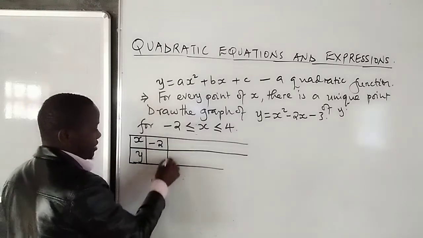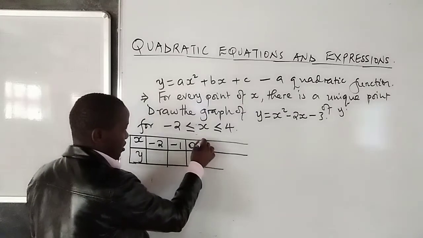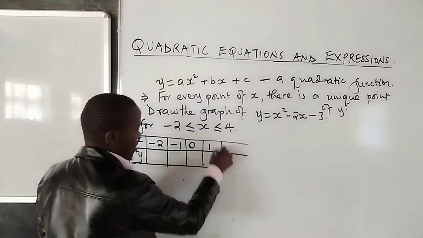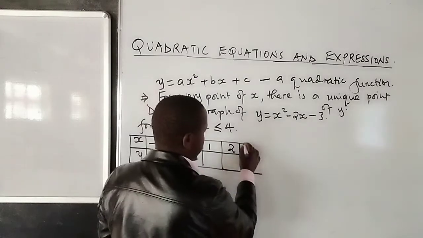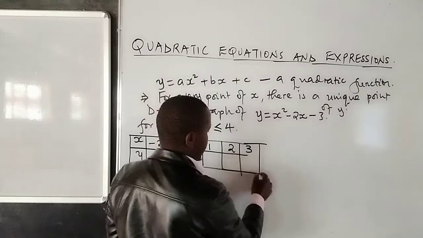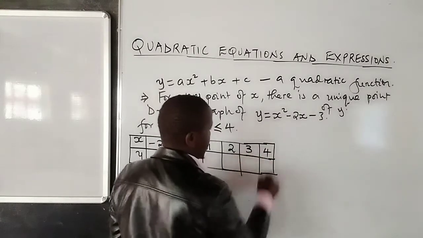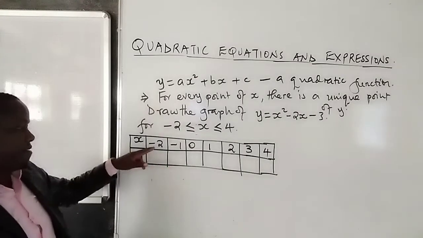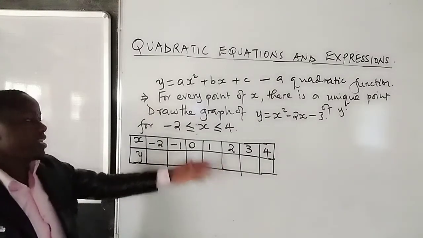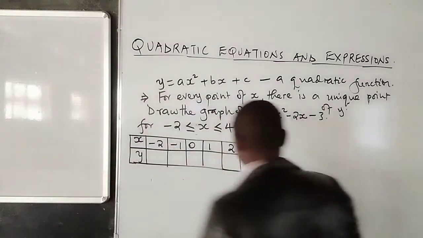So we start from negative 2, negative 1, 0, 1, 2, 3, then lastly 4. So this is the table we will fill. For every value of x given, there is a corresponding unique value of y.